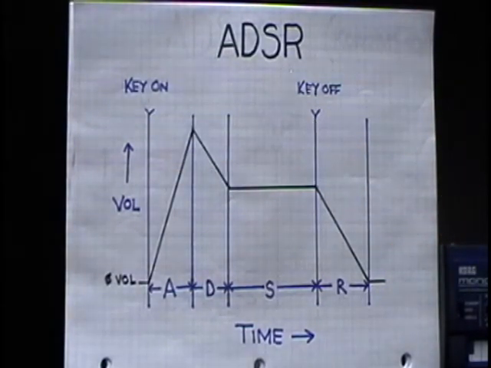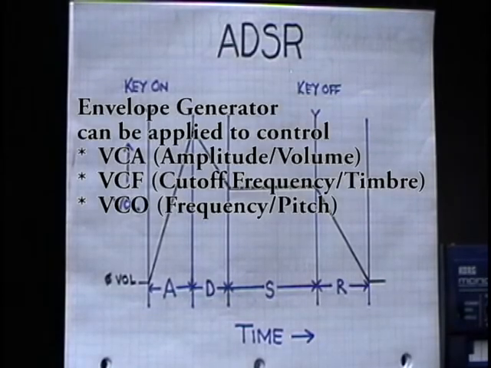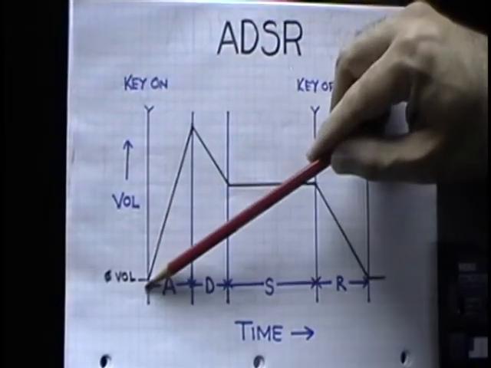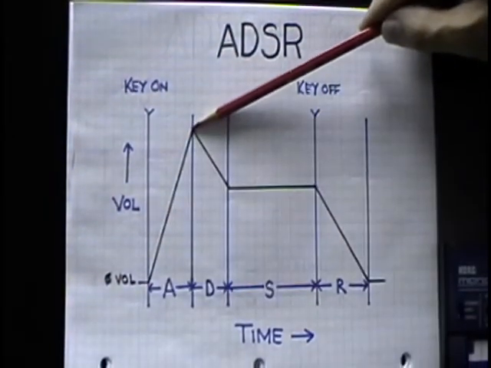So let's go through this once again. Attack, decay, sustain, release determines the contour of the changes in volume over time when it's applied to an amplifier. And again, we can also apply this to the filter and the oscillator for changes in timbre and pitch respectively. So you hit the key, there's some time it takes to get to the maximum volume.